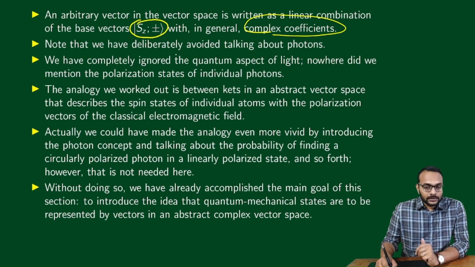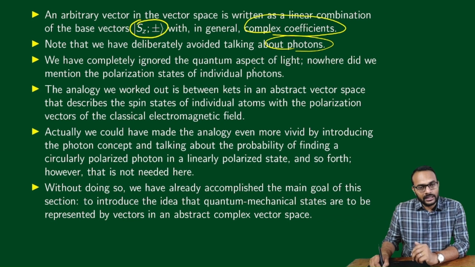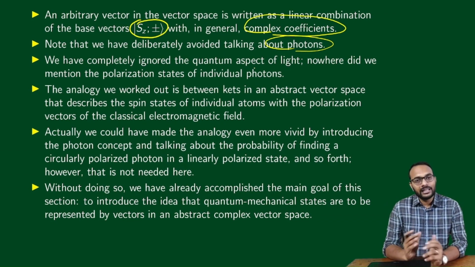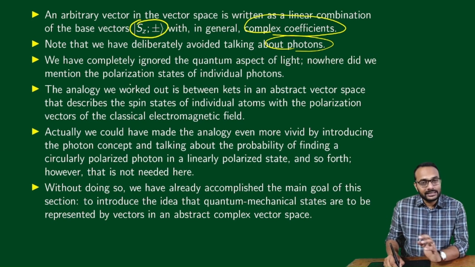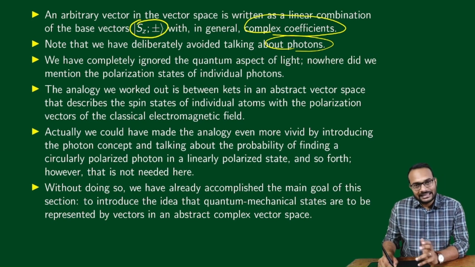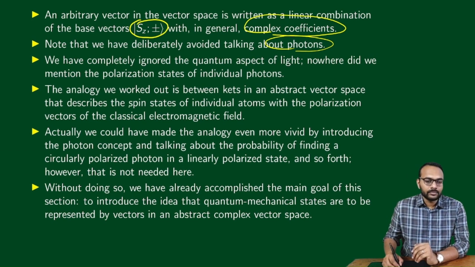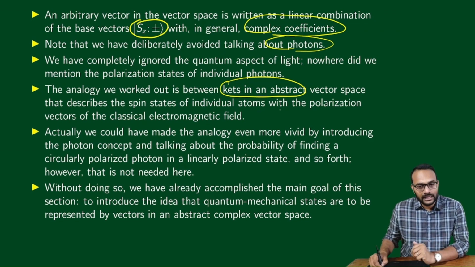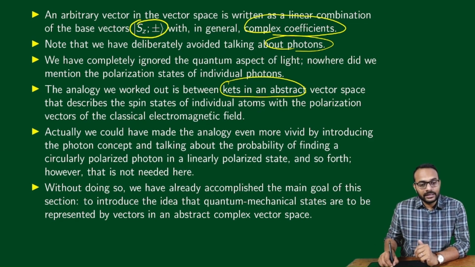Again, we have never talked about photons. We have completely ignored the quantum aspect of light. We know that light also obeys the rules of quantum mechanics, but we have ignored that fact. We did not mention anywhere the polarization states of a photon. The analogy we worked out is between kets in the abstract vector space that describes the spin states of individual atoms and the polarization vectors of the classical electromagnetic field.